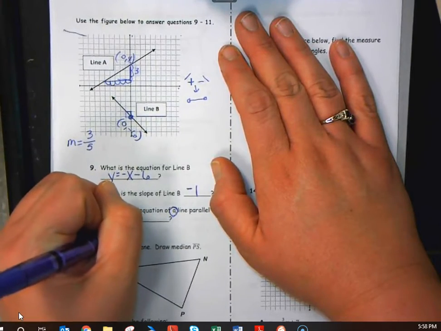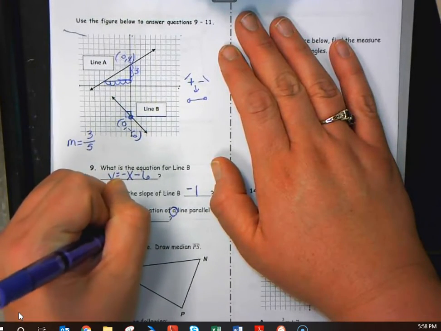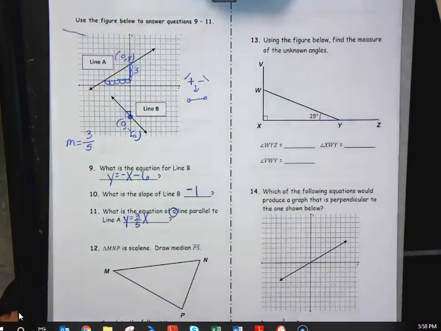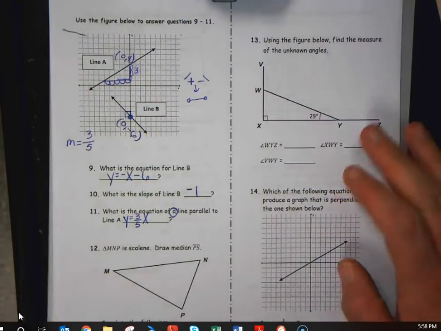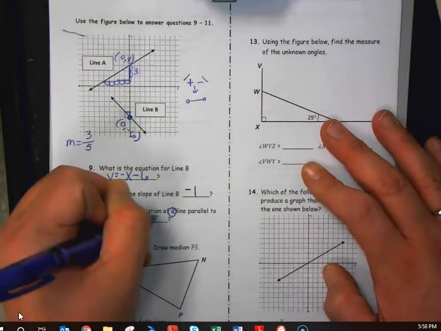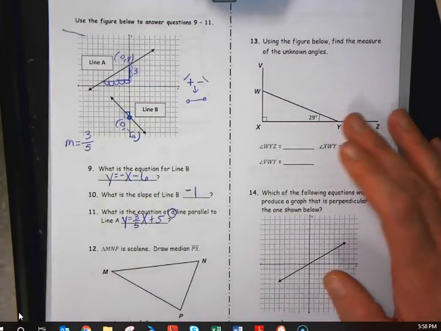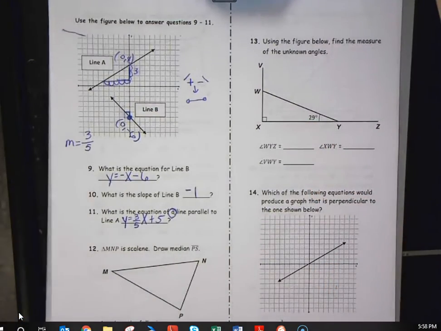So as long as you have a slope of 3 over 5, you can write any y-intercept except 4. So y equals 3/5x plus 5, y equals 3/5x, y equals 3/5x minus 2. It doesn't matter so long as it's not the same y-intercept.